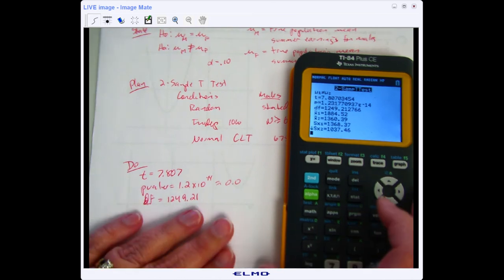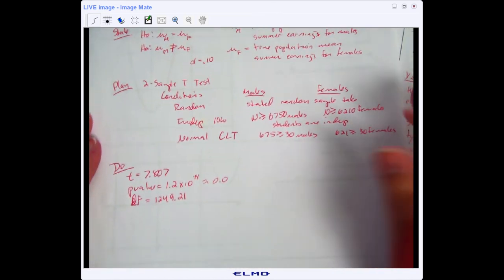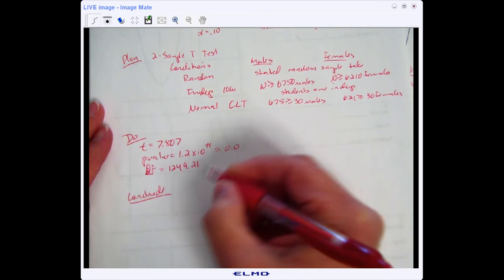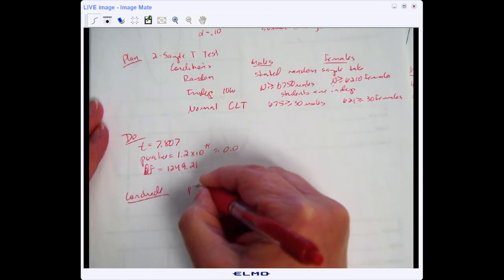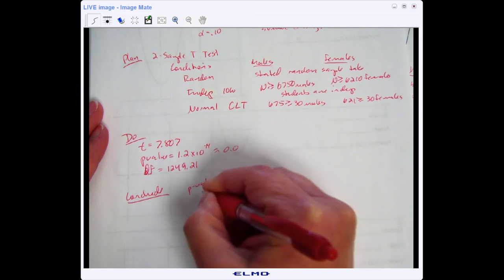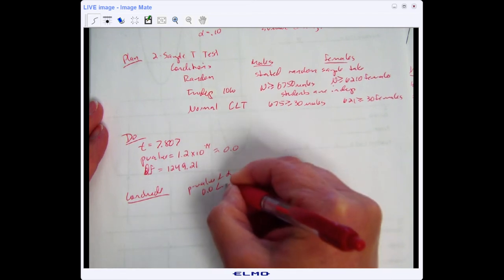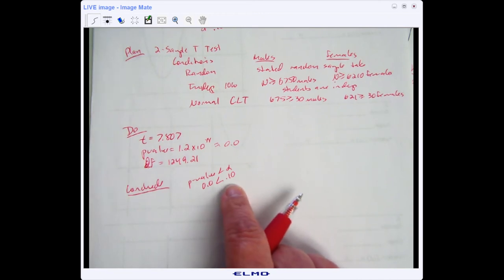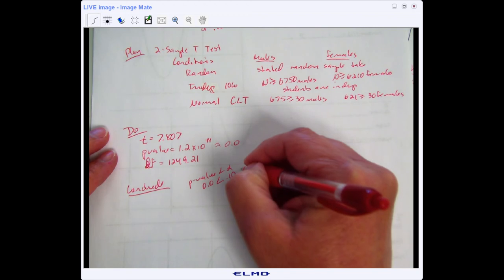Okay, so now I can do my conclusion. I'm going to test my p-value against my alpha. Well, I barely even have to look at that because 0 is less than anything, right? My alpha is never negative. So that is true.